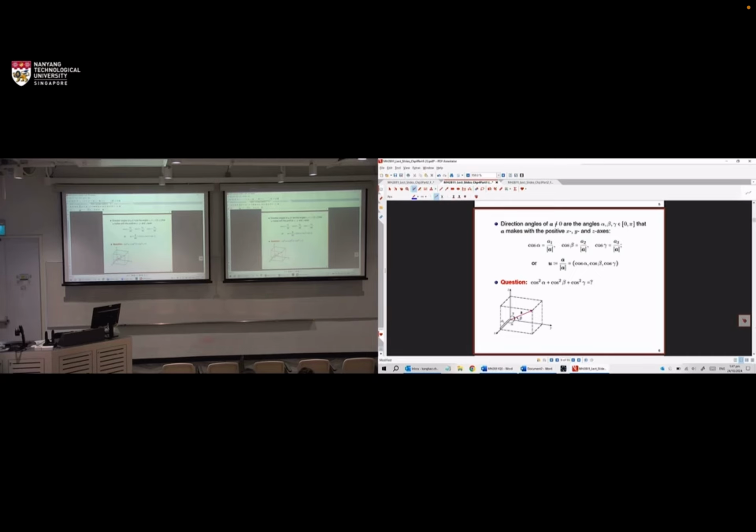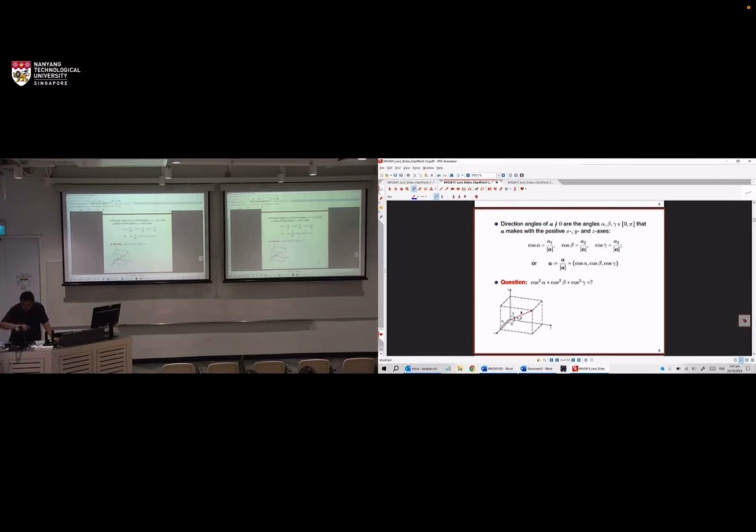The direction angles of vector A are the angles alpha, beta, gamma that the vector A makes with the positive x, y, z axes.